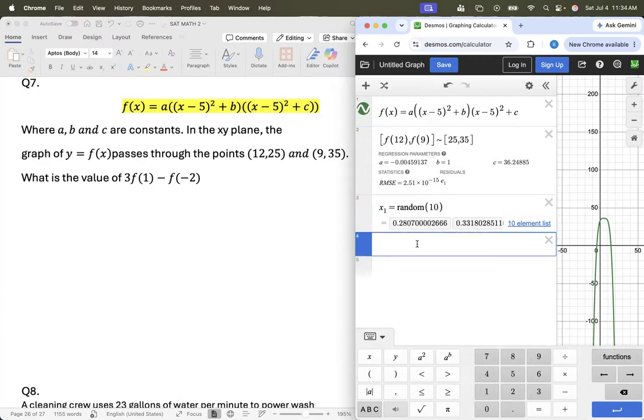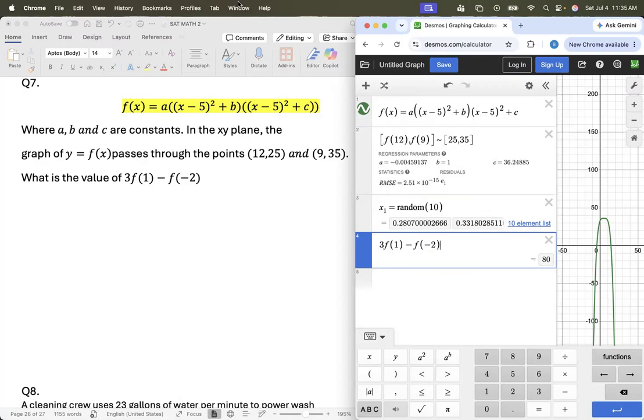Now, put your function in. 3 f of 1 minus f of 10 minus 2. And it should give you 80. We already know our function already.